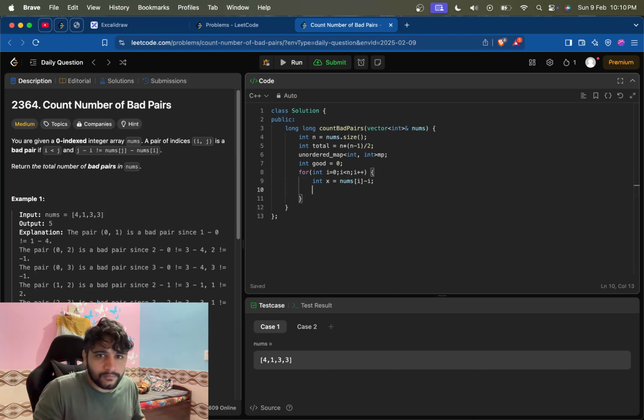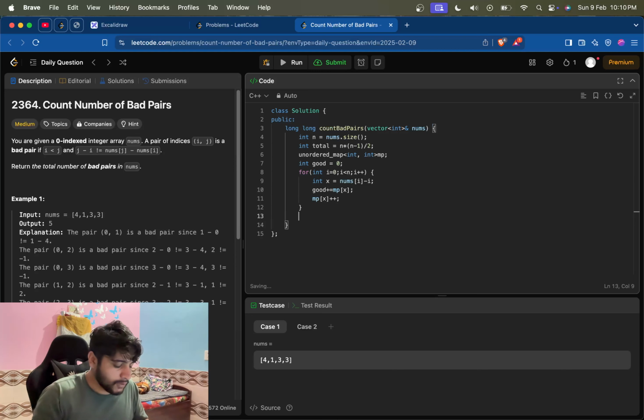Now good plus equals the count if this value has appeared earlier in the map. And then we will increment the map that it has appeared again.